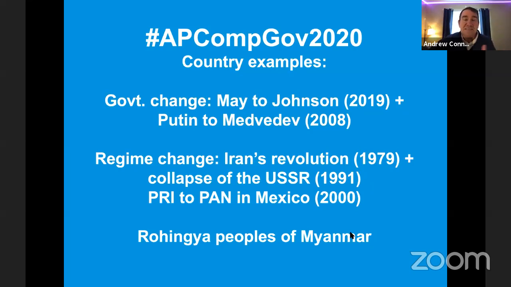And of course, some teachers really love to point out that change from the Institutional Revolutionary Party of Mexico that had dominated Mexican politics under a near authoritarian government that was supposed to look like a democracy. When you had your first PAN president elected, the National Action Party, Vicente Fox elected president in 2000, a lot of political scientists look at that as an example of a regime change.